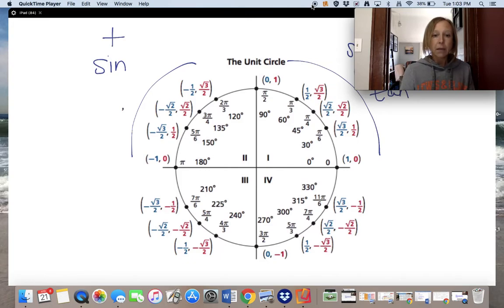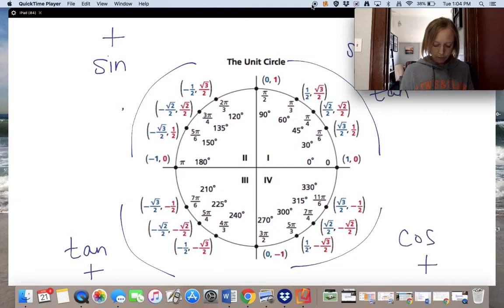So a positive divided by a negative is still negative. Over here, sine is negative, cosine is negative, a negative divided by a negative is a positive. So tangent will be positive in our third quadrant. And then our final quadrant, we can see that only the blue values are positive. And so that means that what will be positive here will just be the cosine.